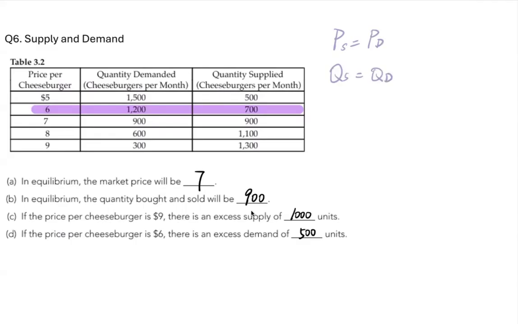And in this chart, we need to find the equilibrium market price, which means that when quantity supplied equals quantity demanded, what's the price? 900, 900. Then you will find the equilibrium price is 7, right? And in equilibrium, the quantity bought and sold would be 900. So this is the equilibrium point.